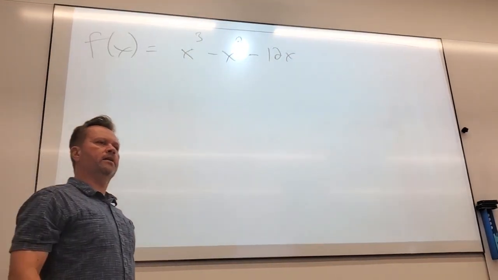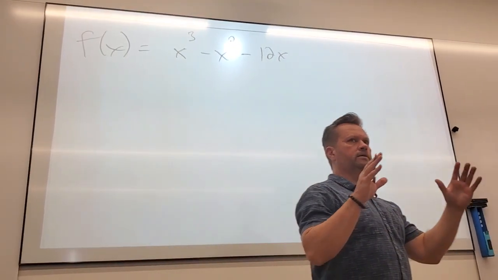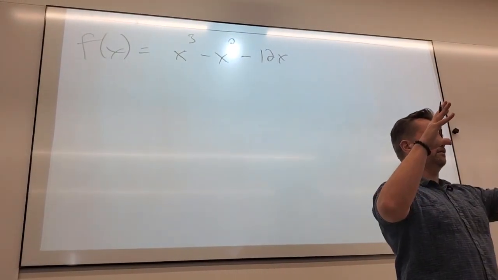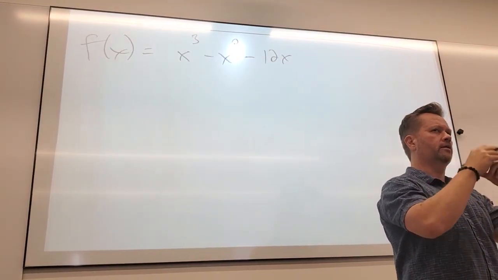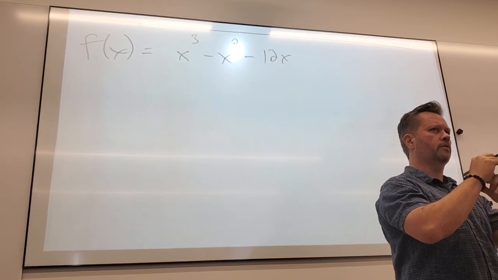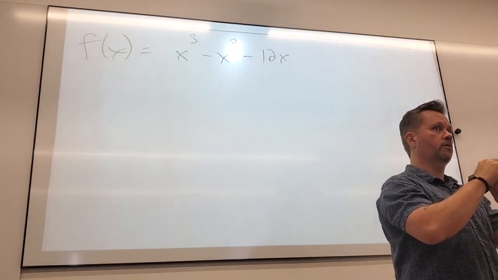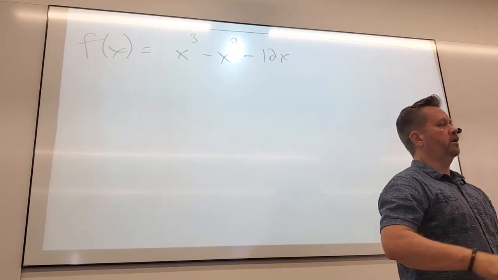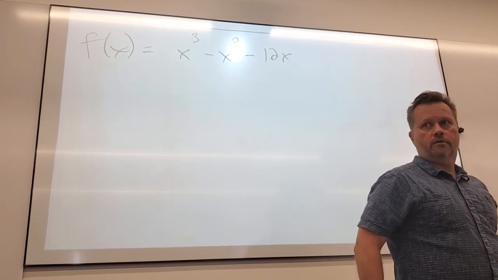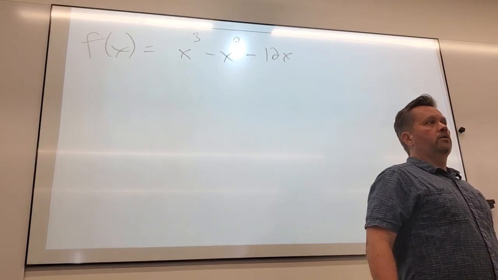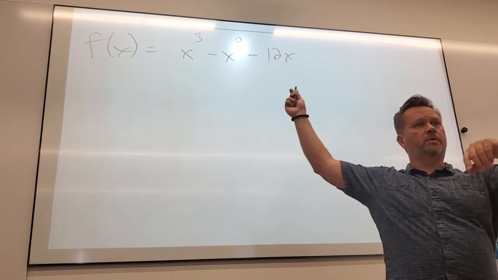All right, let's collect. So now, basically, section 5.3 takes a lot of what we learned and puts it all together. Can we take out the x, factor it out? Real quick, can you tell me the end behavior now? What's the biggest power?